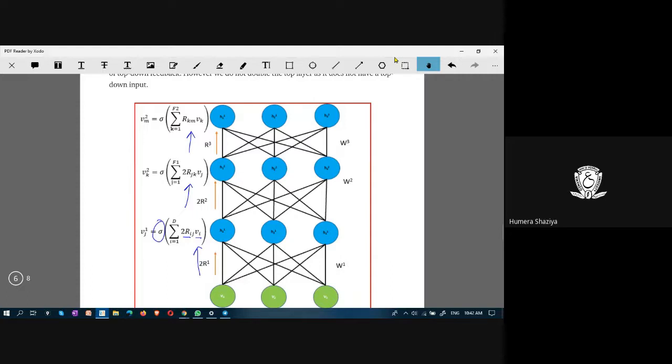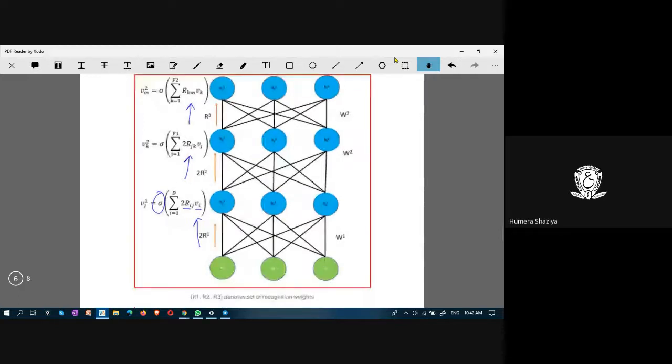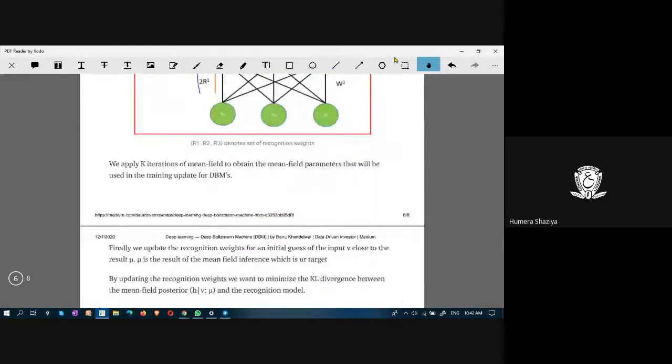Likewise here also, same thing. Here also same thing. So then we apply k iterations of mean field to obtain mean field parameters that will be used in the training update for DBMs.